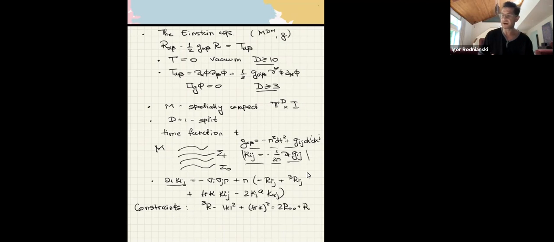So in vacuum, the right-hand side is equal to 0. And the momentum constraint is J minus trace K. And again, something that has to do with the Ricci curvature of the four-dimensional metric.